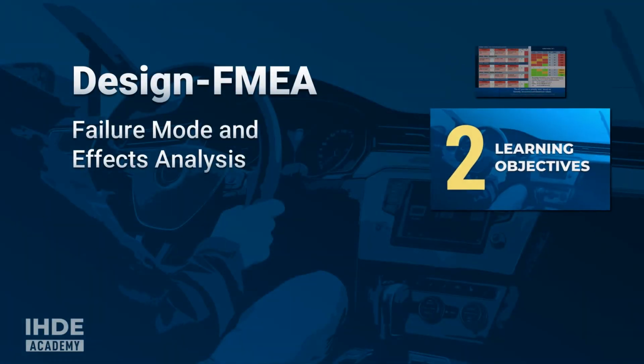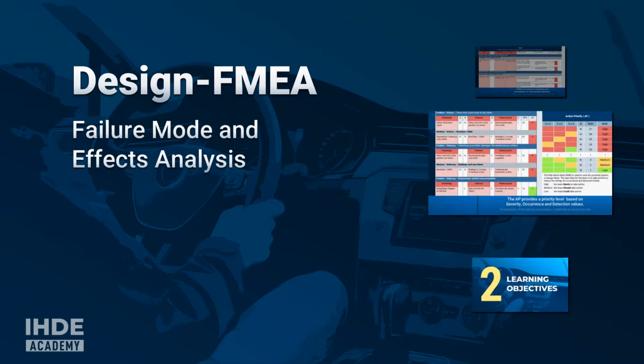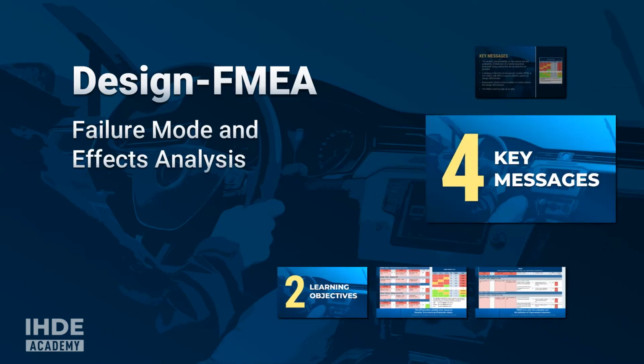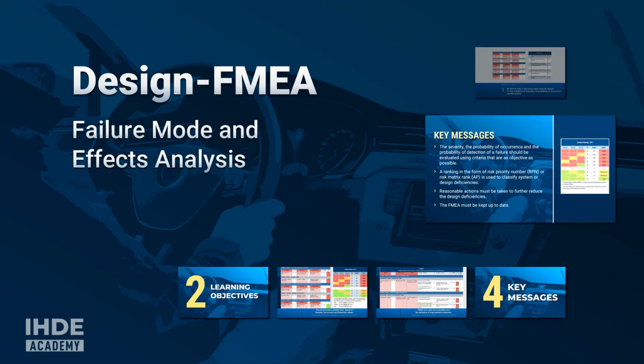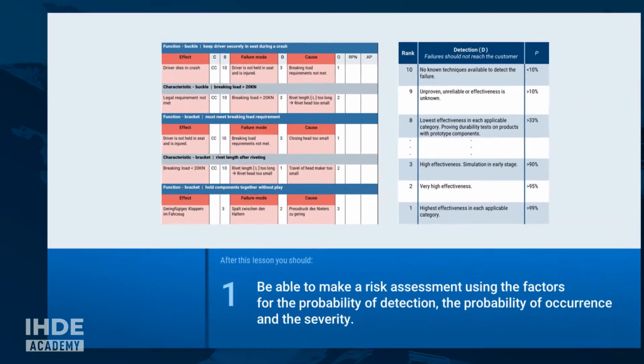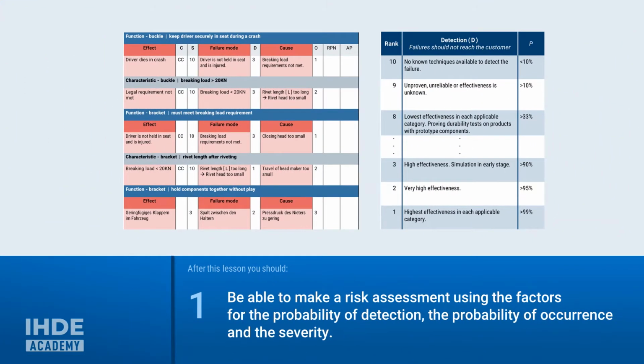This lesson is about how to assess potential risks in a product FMEA and plan measures to minimize these risks. And hello again to this lesson, which essentially has two learning objectives.